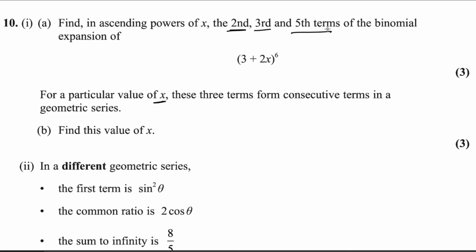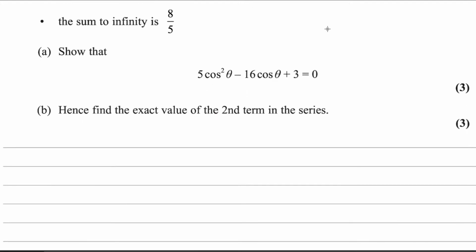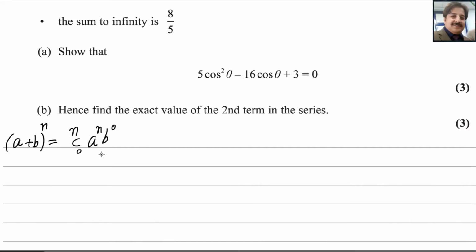For that we will use the binomial expansion formula. Let me write it; it is very important to memorize it. For (a + b)^n, we start with nC0 a^n b^0, the first term. Then nC1 a^(n-1) b^1; the power of a is decreasing and the power of b is increasing.